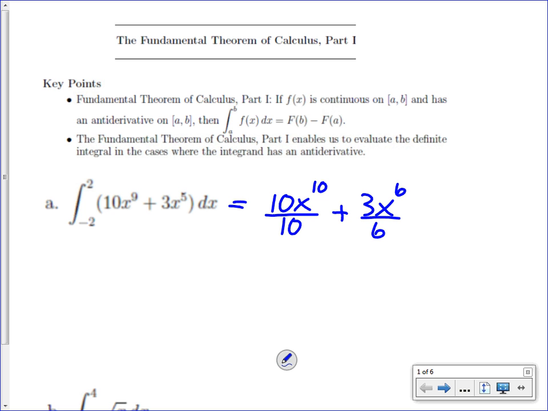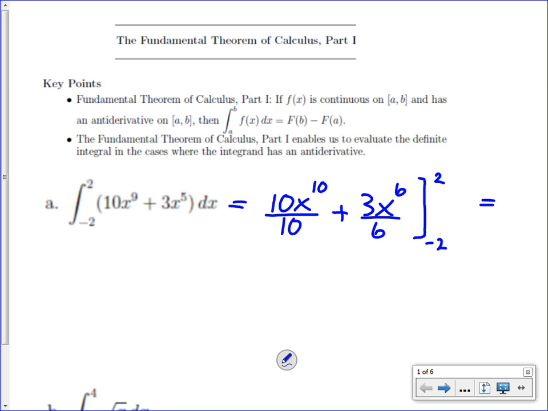Now, when you find your antiderivative, that's when you want to drop your integral symbol and your differential, or dx, okay? But we often use this bracket so that we can still represent our limits of integration, because our next step is to plug those in.